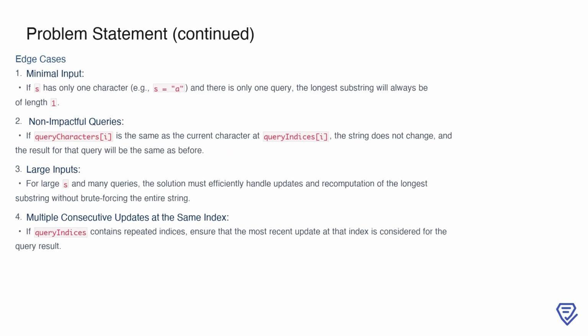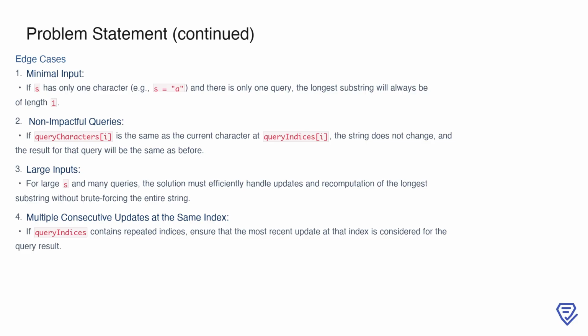When solving this problem, there are several edge cases to consider. First, if the string s has only one character, the result of each query will always be 1, regardless of the replacement. Second, if a query replaces a character with the same character already present at that index, the string remains unchanged, and the result for that query will be the same as the previous result.